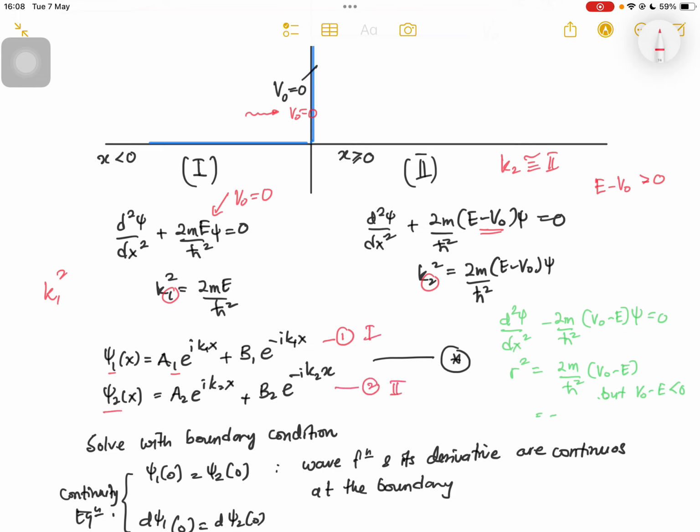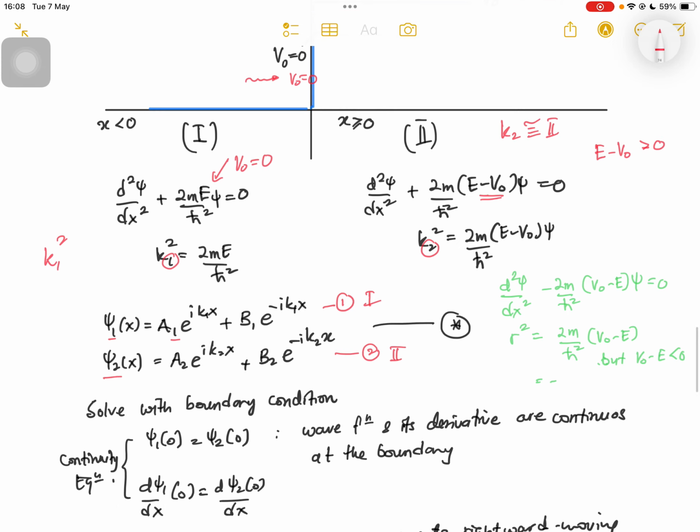But let's say you want to change this. You want to make some change with respect to algebra. I want to make a minus sign over here so that I can change the form of the solution of your differential equation. So I have a minus sign, so I can rearrange to V naught minus E. So I came back to this. These are your roots. These two are equal.